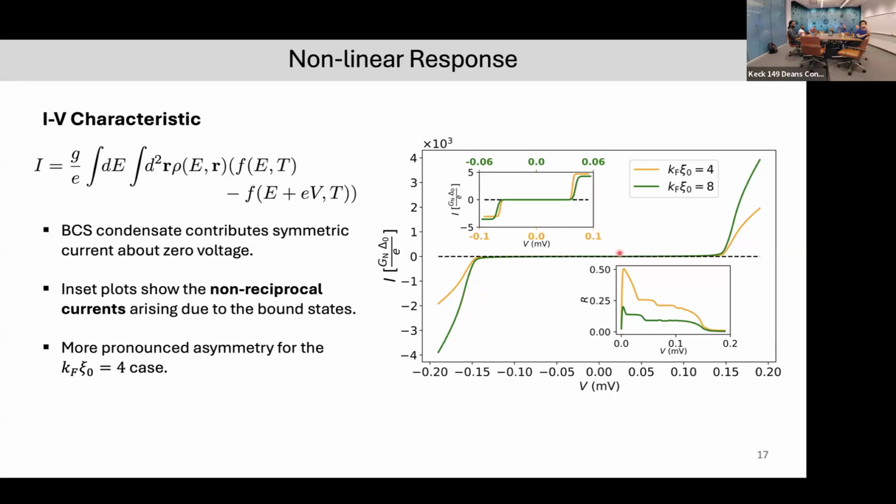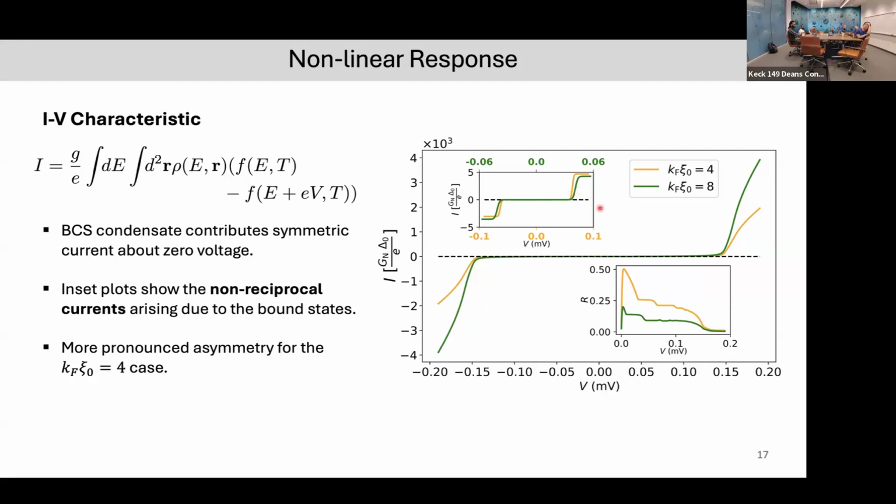But again, we have to zoom in on the subgap states contribution. And when you do that for low potential biases, the current looks like this. It is a much smaller value compared to these values that the BCS condensate contributes to, but it is pretty asymmetric, or it shows non-reciprocal behavior.